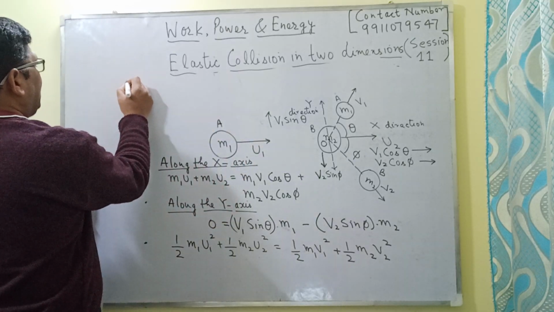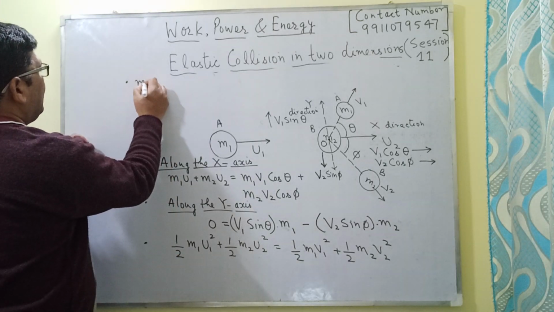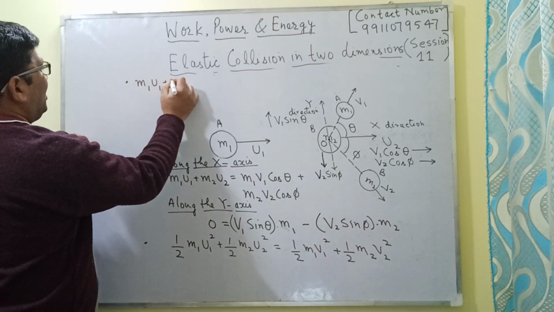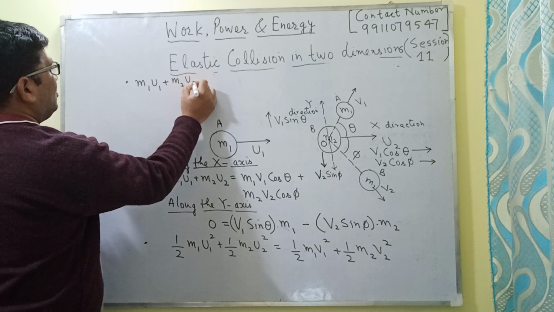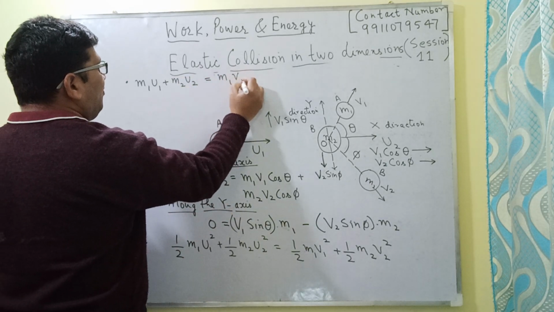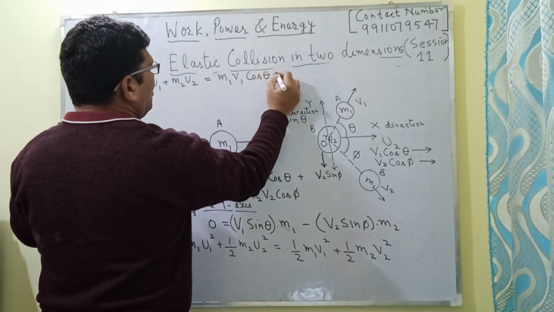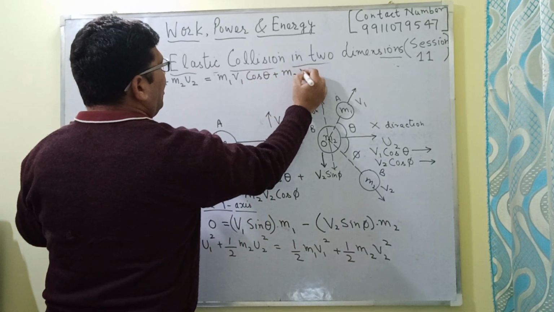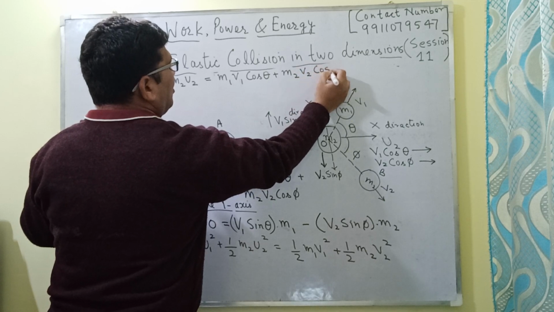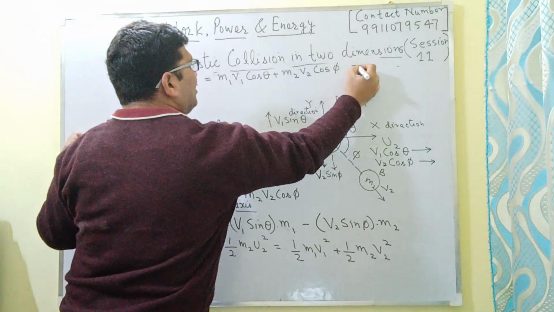The first equation which I have got is that m1 u1 plus m2 u2 is equal to m1 v1 cos theta plus m2 v2 cos phi. This is the first equation which I have got.